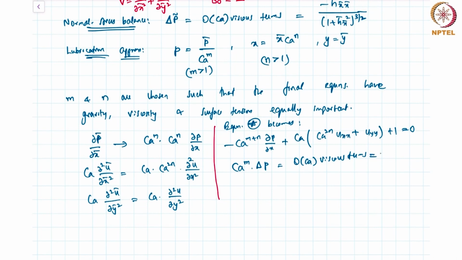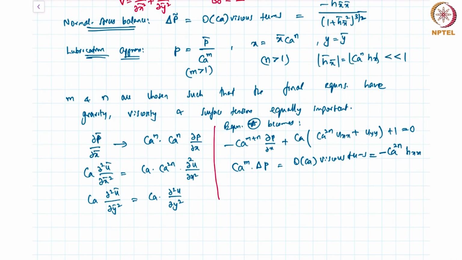This will be minus capillary power 2n hxx. The denominator would be something like 1 plus h bar x bar, which will be something like capillary power n hx. So therefore when n is greater than 1, capillary power n is very, very small, and therefore the magnitude of this term is very small.